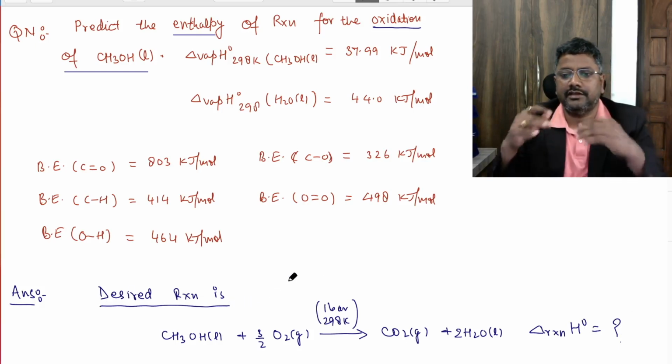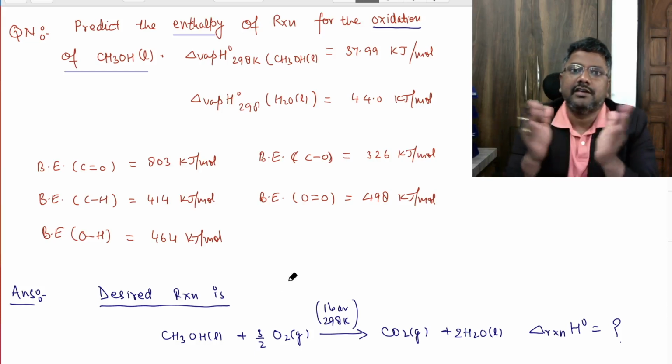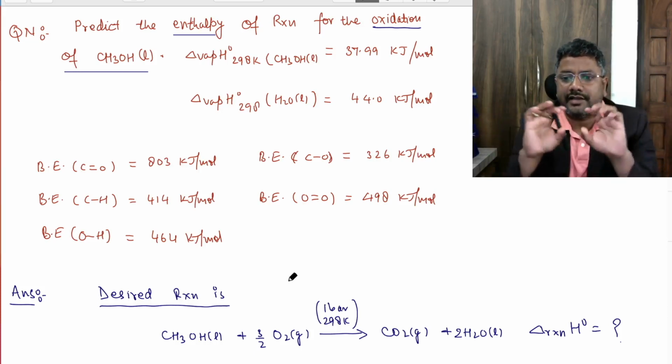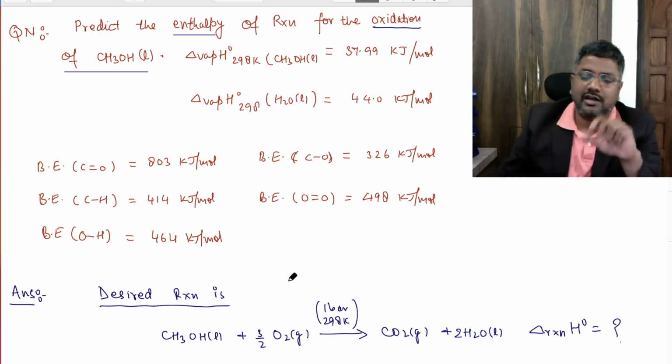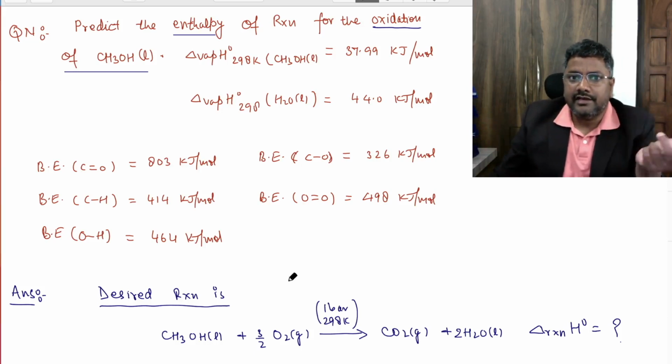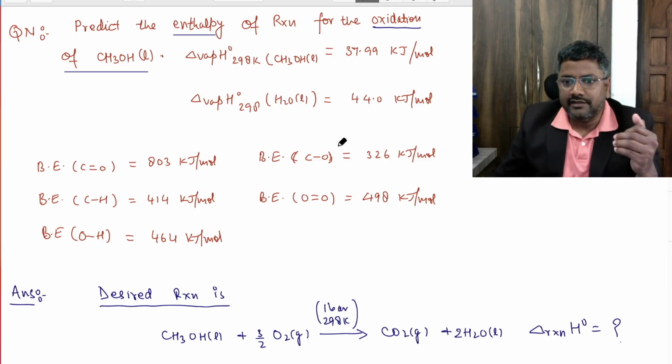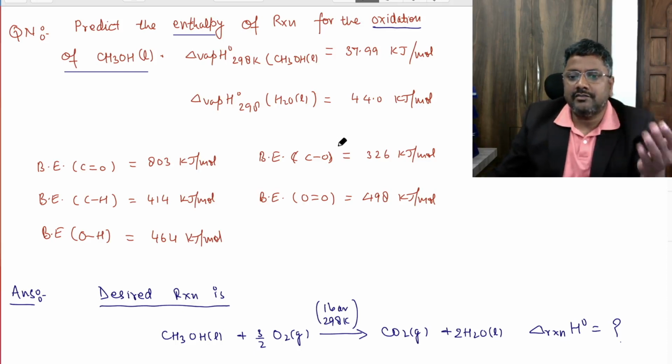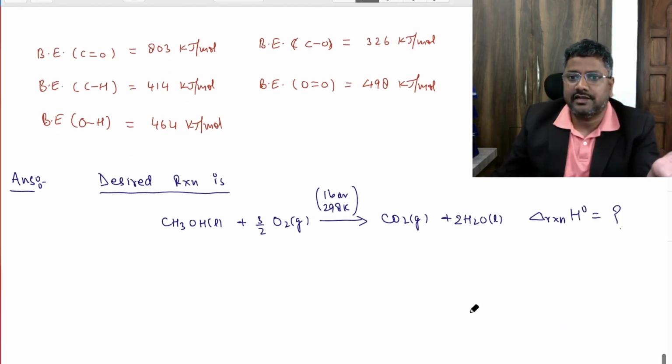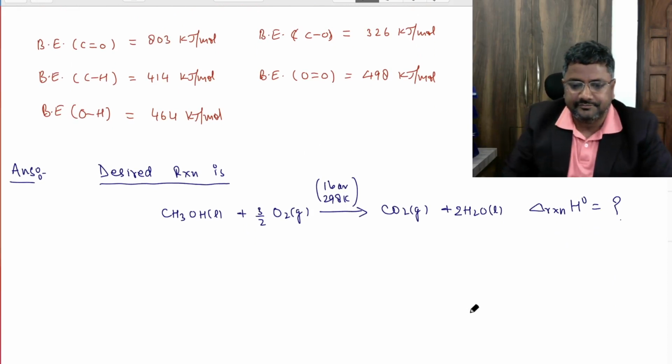So in any such type of question, you have to first write the desired equation. Now try to write all those equations of which information is given, so that you can algebraically manipulate all those equations and get the delta H for this reaction, right? Now I am writing the other equations.